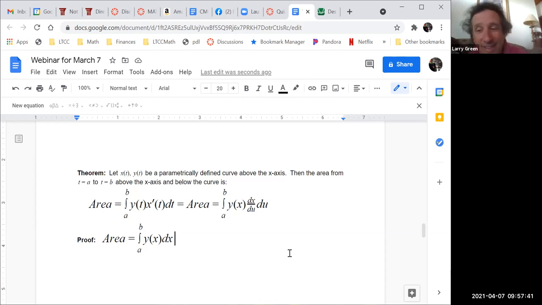Okay, so the good news is this is easy. And not only that, there's no quotient rule, but now comes a question that you might be able to answer because it's not as long ago. Now we're in integration. What technique might you need commonly to integrate y of t times x prime of t dt?